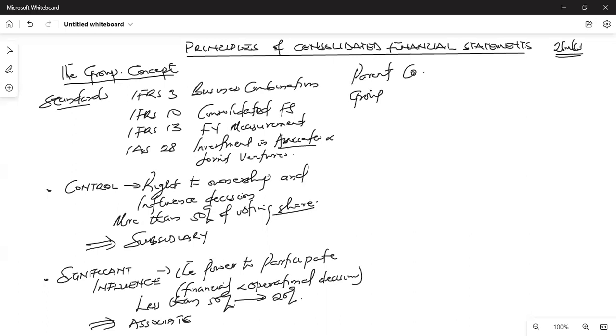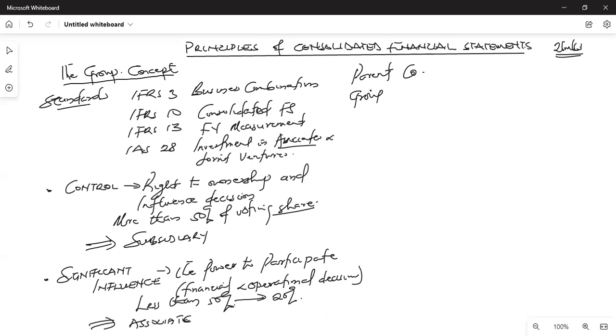So these are the basics. What we are trying to say is that once you acquire, the standard calls on you to combine your financial statements.